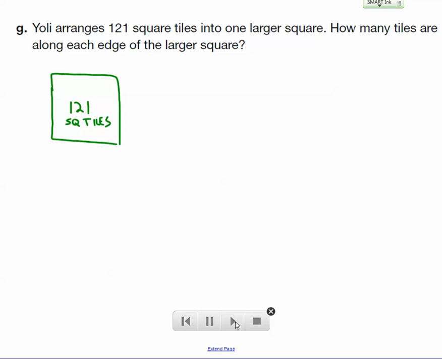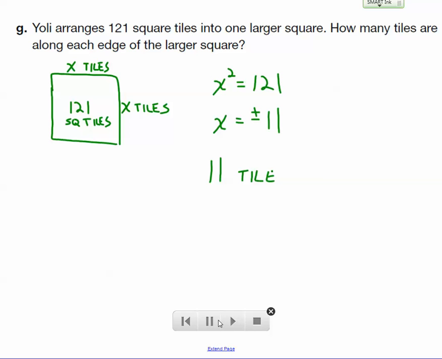We're trying to figure out how many tiles along the top and along the side would equal that. And it is a square, so x tiles along the top, x tiles along the side. So x squared equals 121. So we'd say plus or minus 11. However, negative 11 makes no sense in this case because you wouldn't have negative 11 tiles. So we'll just say that the answer is 11 tiles.